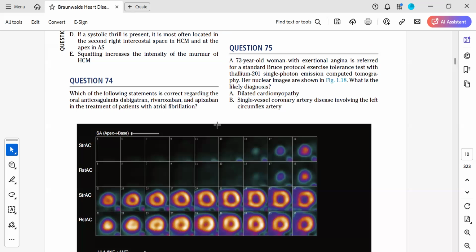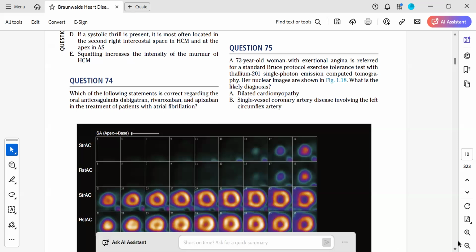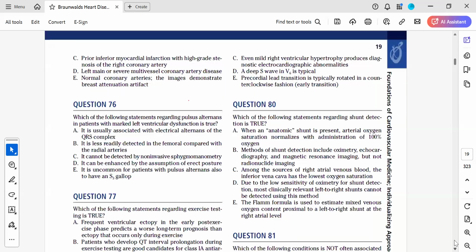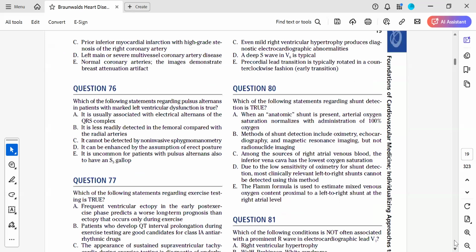C, prior inferior myocardial infarction with high-grade stenosis of the right coronary artery. D, left main or severe multivessel coronary artery disease. And E, normal coronary arteries. The images demonstrate no attenuation or infarct.